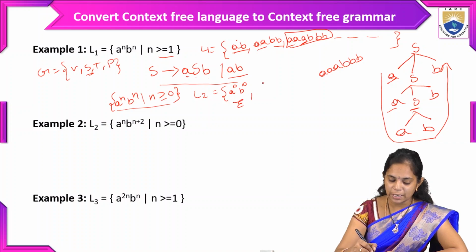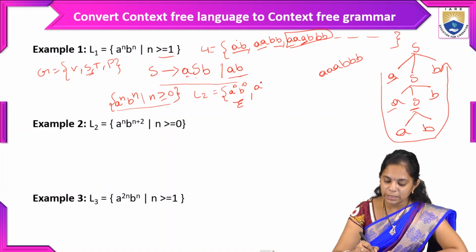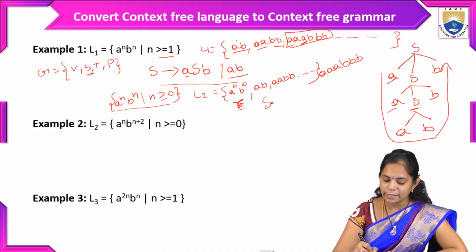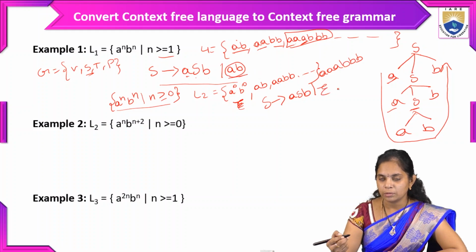Next AB, AABB, and so on. For this, we write the same grammar: S tends to ASB, and instead of AB, we write epsilon.